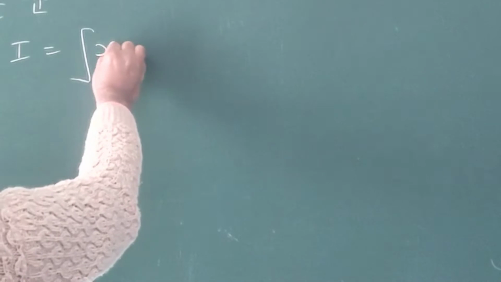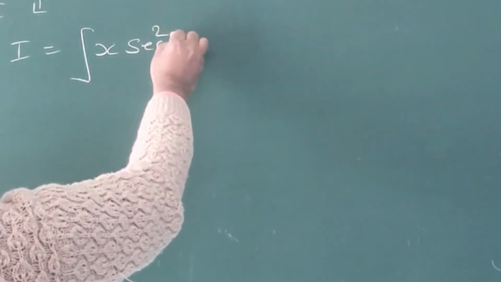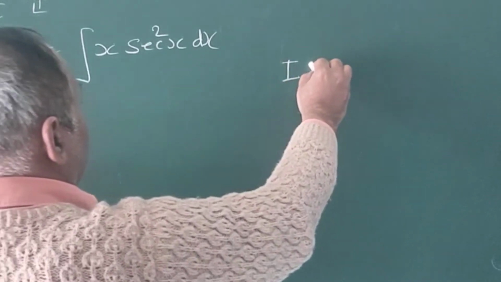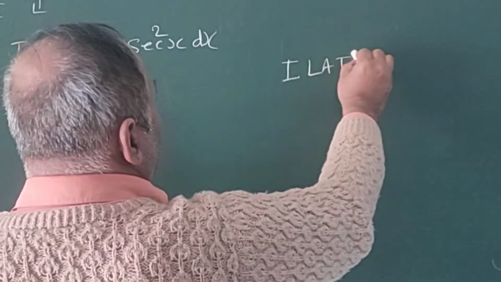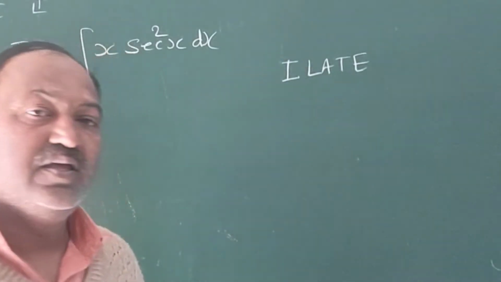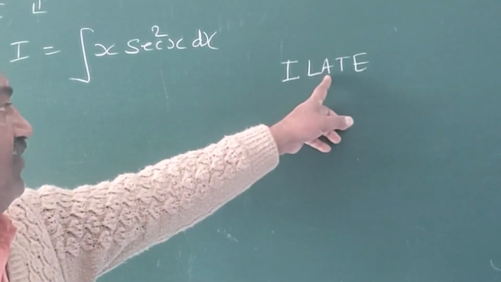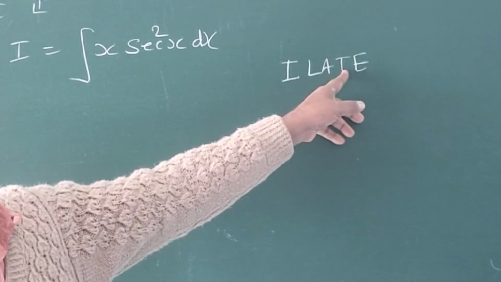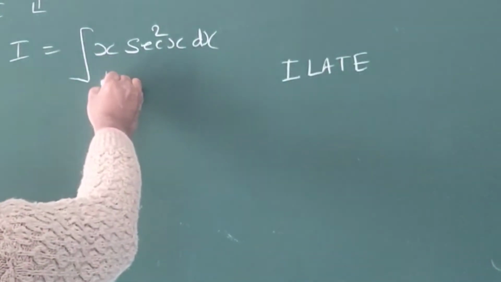Integrate I is equal to x into secant square x into dx. Why the formula of ILATE? Algebraic should be taken as the first and trigonometrical should be taken as the second function. This is first and this is second.